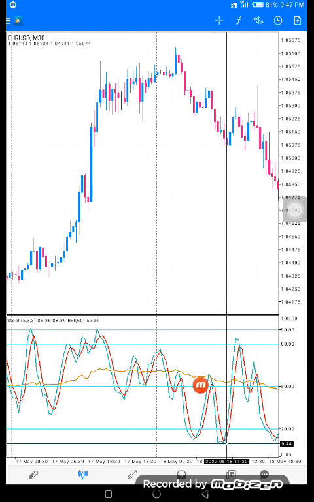If you enter a trade and it gives you profit for 2 candles, 3 candles, you can enter more than one position, at least 2 or 3 positions. Whenever your market is in profit, when the first candle closes in profit, you take out one profit. You close one position, take the profit, and allow the other position to run.